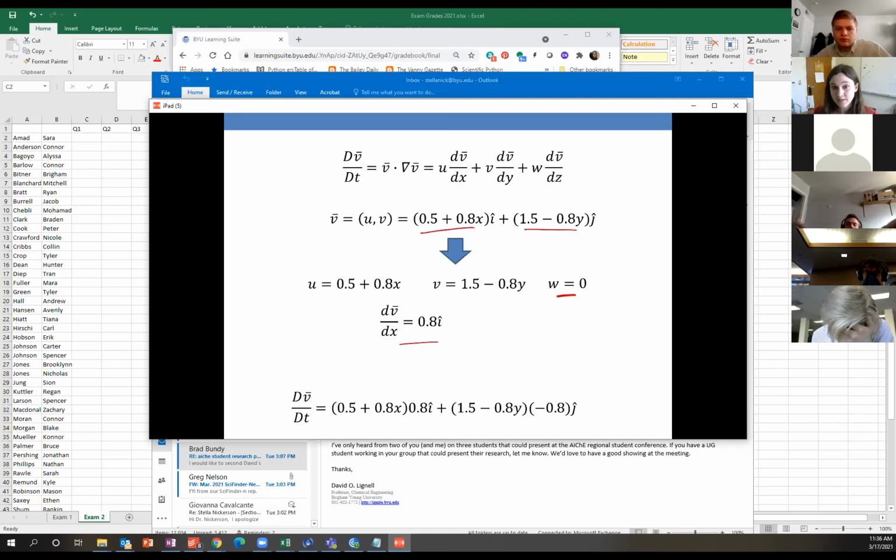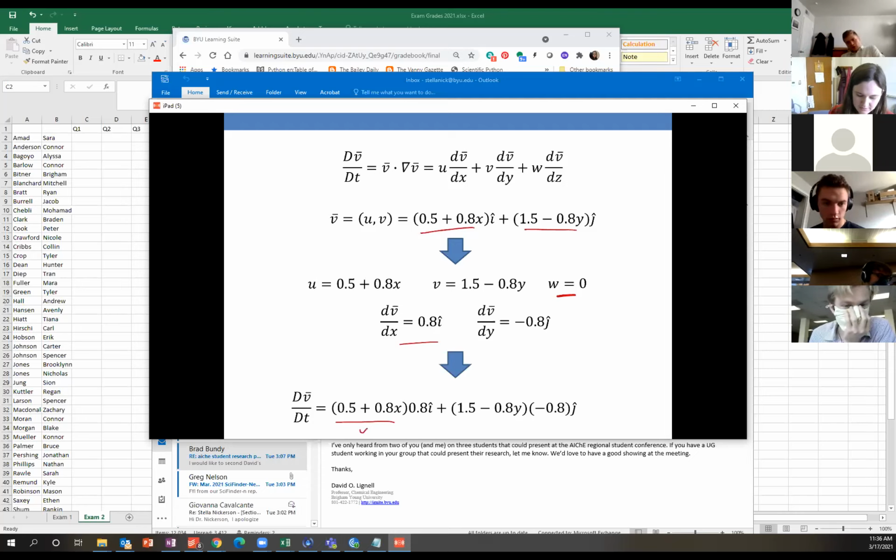And this was what I was talking about, how the derivative of df dx could be a vector. dv dy, like so. And then I multiply u times dv dx and v times dv dy, like that.